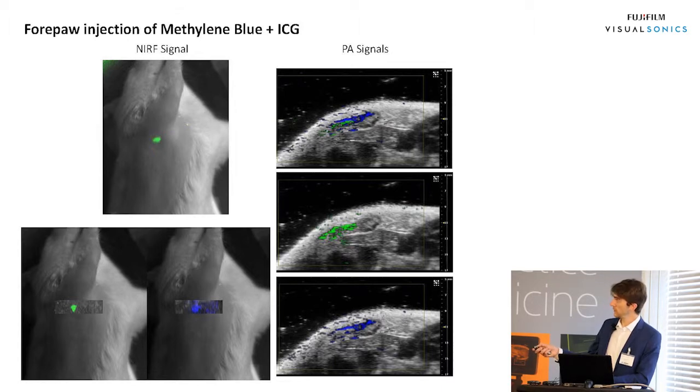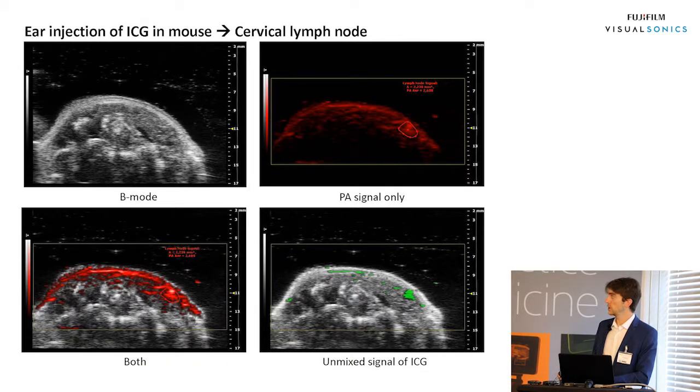This is a fluorescence image of this axillary lymph node. We also tested on mice models the use of ICG injection into the ear of animals in order to highlight the cervical lymph node. As you can see here, the cervical lymph node, and here the signal from ICG.